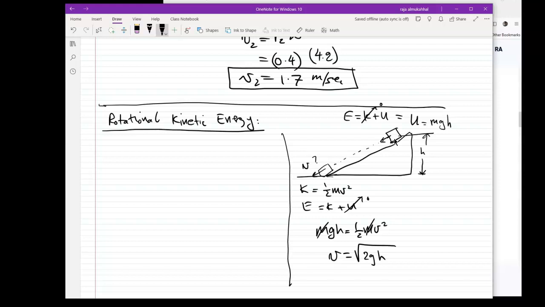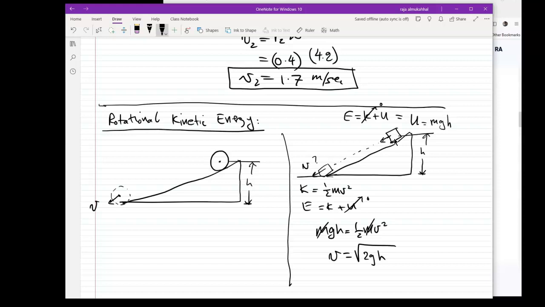So here is my ramp, and now I have, or a ball, if you will, whatever. Okay, so I have a wheel or a ball, and now I'm going to let it go. So I have at the height, same problem, it's a height h. And the ball at the bottom right here, and I'm being asked to find what is the velocity of the ball here at the bottom.